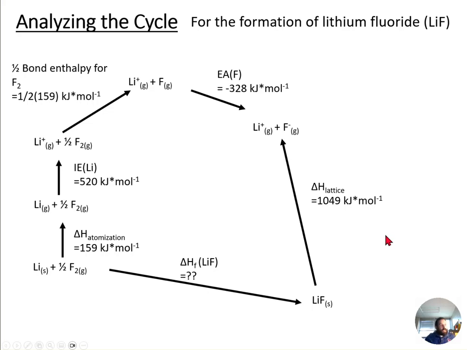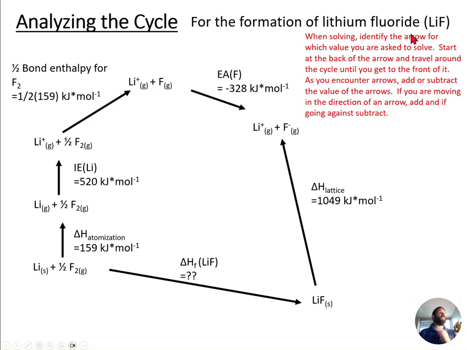All right, so again, you do not have to make these cycles, but you do have to calculate the value of arrows in these cycles. When you get the swing of it, it's super easy, because when we're solving, all we have to do is identify the arrow we're being asked to solve. In this case, we're being asked to solve the enthalpy of formation of lithium fluoride.